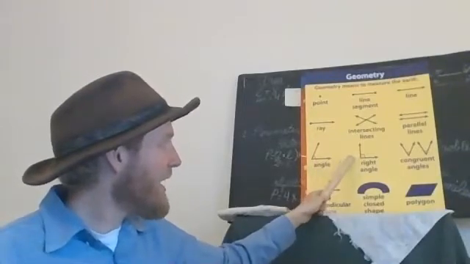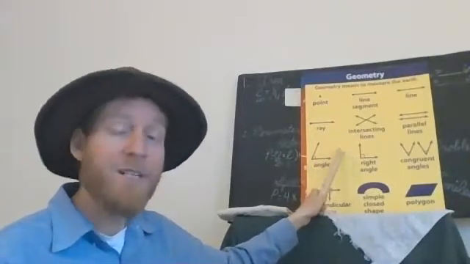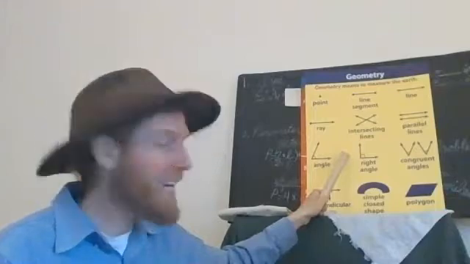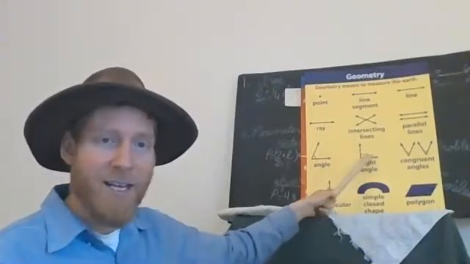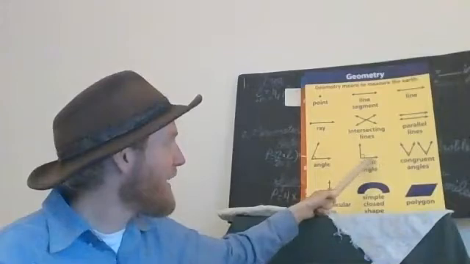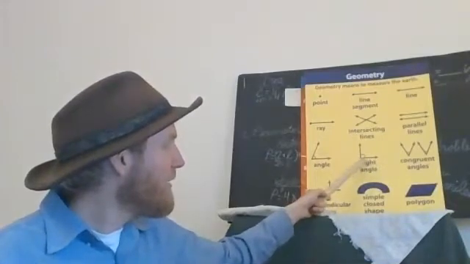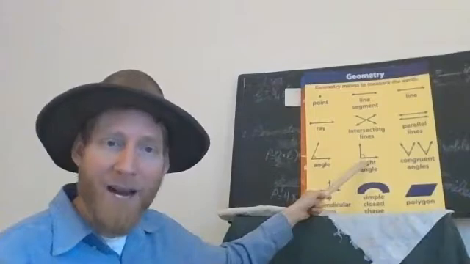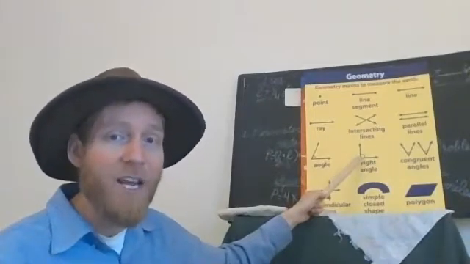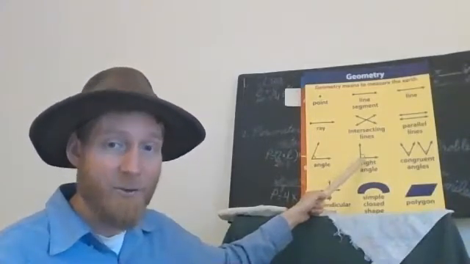This is an angle, but it's particular. It's a right angle, meaning straight up and straight out. And it forms a box there, meaning it's perfectly straight out and straight up, making it a right angle. A right angle is always 90 degrees.